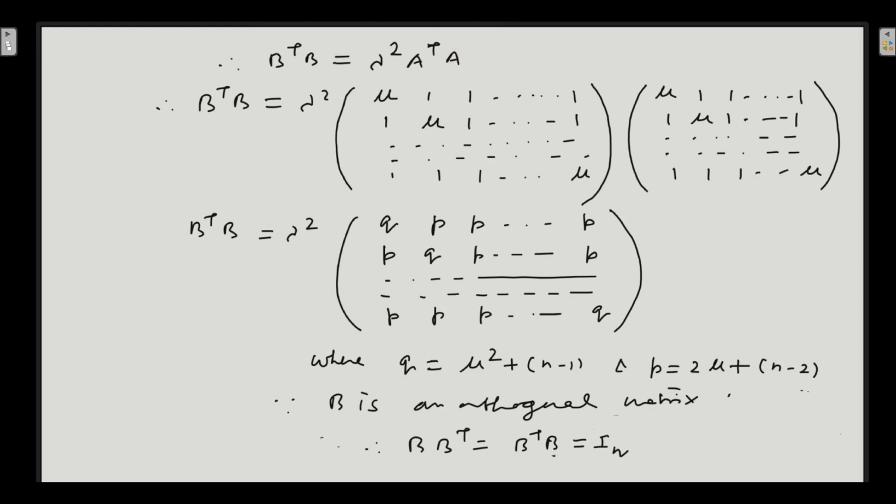Now already it is given to us that matrix A is equal to something like this, n cross n. So matrix A is an n cross n matrix. Why is it n cross n? Because B is equal to lambda A and lambda is a scalar.